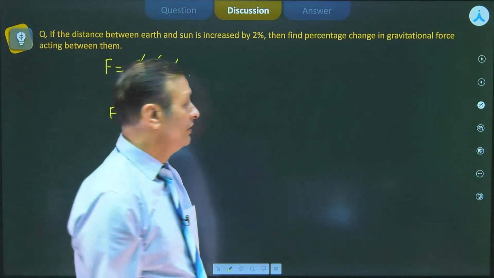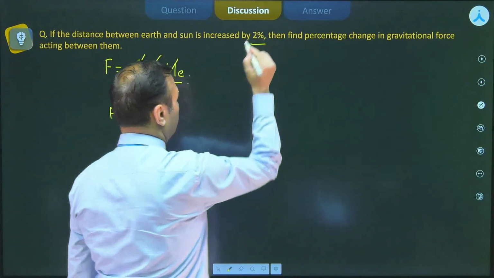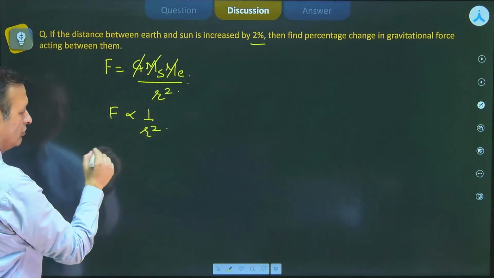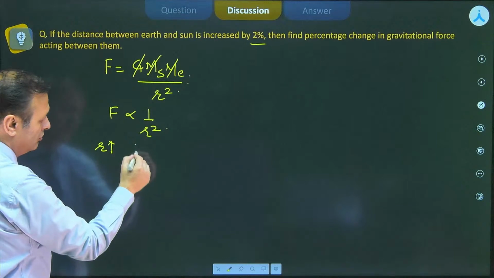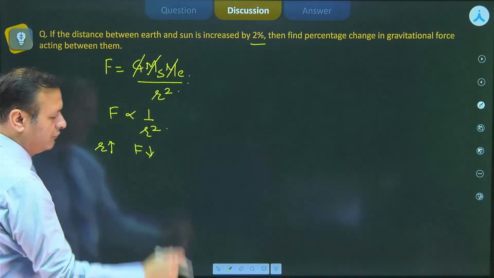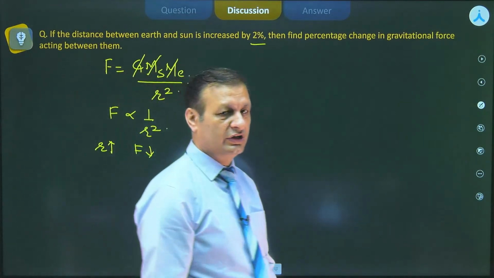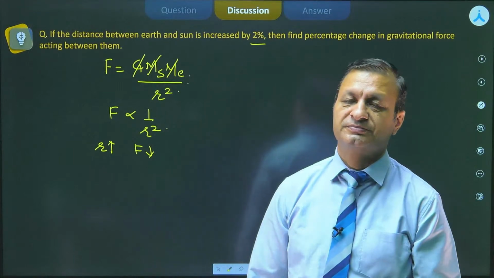Now this is increased. When you increase R, it follows the inverse square law, so with the increase in R, force would definitely decrease. This is the first point.